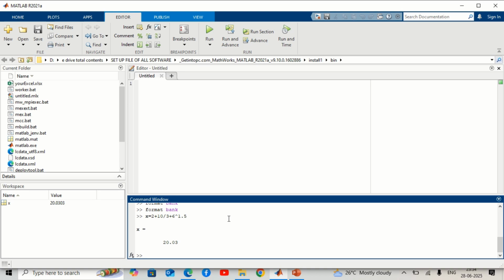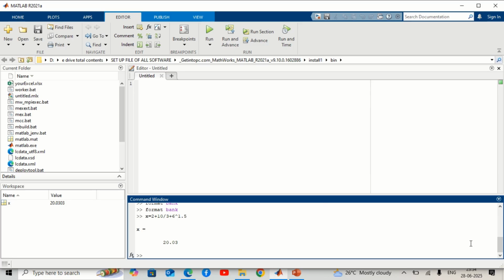So 20.3 is a 2-digit decimal value. So when we used the format bank command, we get the 2-digit decimal value, that is 20.3.